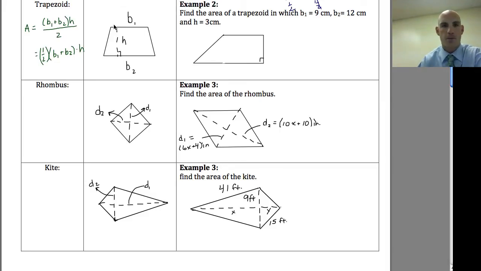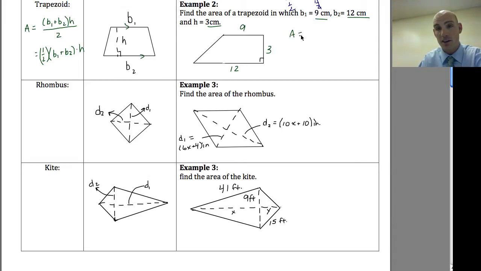In the example here, this is just what I'm talking about when I say base 1 and base 2, remembering of course that these are parallel. We're going to find the area of the trapezoid in which base 1 equals 9 and base 2 equals 12 and the height equals 3 centimeters. If you want to put all this in, this is going to be 9, 12, and this is 3.